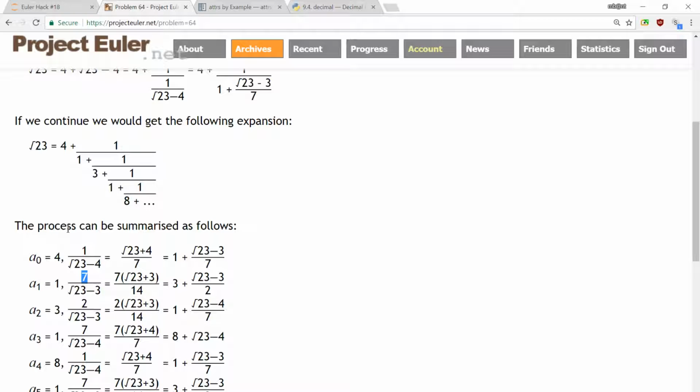Now we want to check for the next value of d, second.